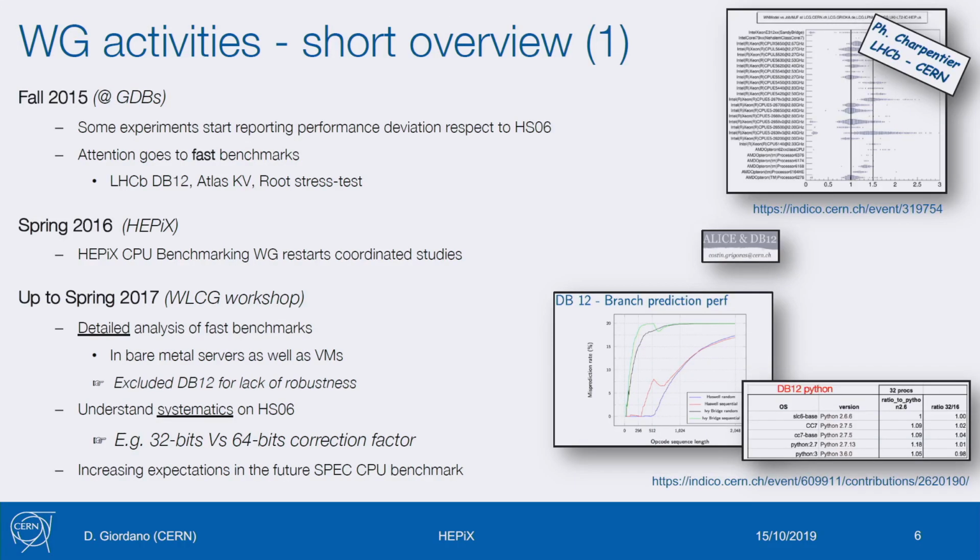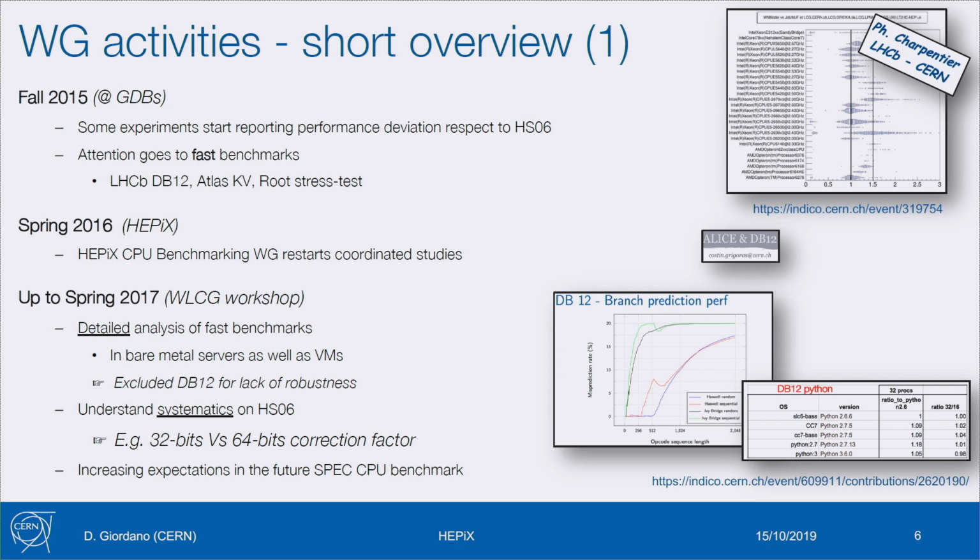But then software is evolving, CPU models are evolving, and since 2015, we got feedback from the experiments that not all those workloads are scaling well with HEPiX 6. Here you see the first report at a GDB meeting from LHCb, from Philippe Charpentier, who was studying the performance of the LHCb jobs for different CPU models as collected from the grid.